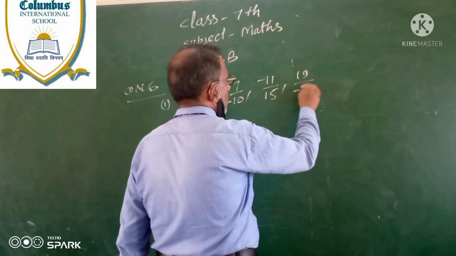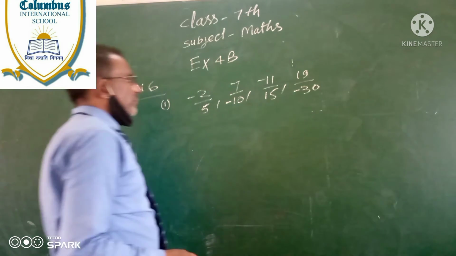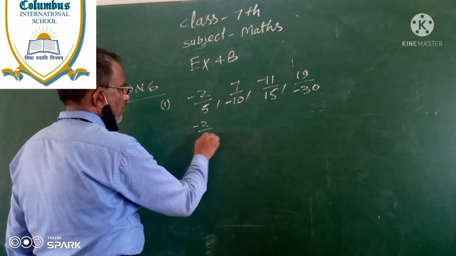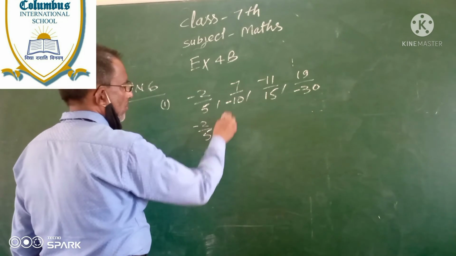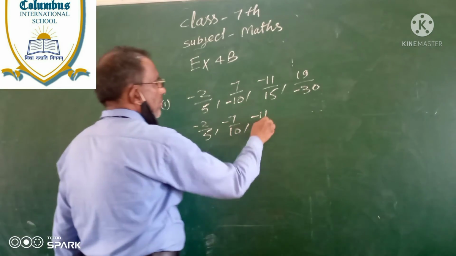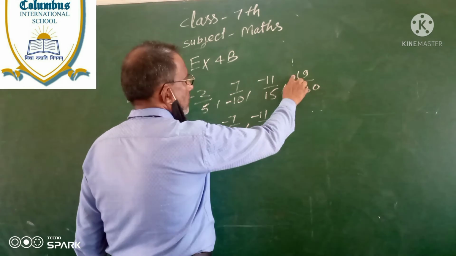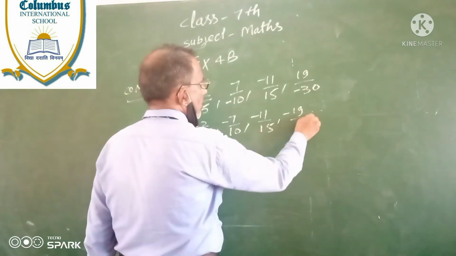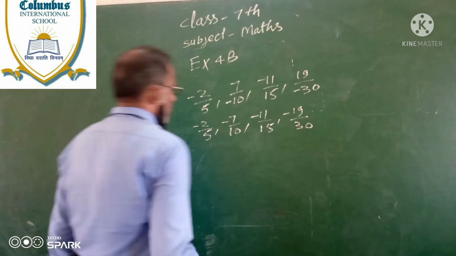We shall write minus 2 by 5. Plus divided by minus is minus, so minus 7 upon 10, minus 11 upon 15 and, plus divided by minus, it will be minus 19 upon 30.